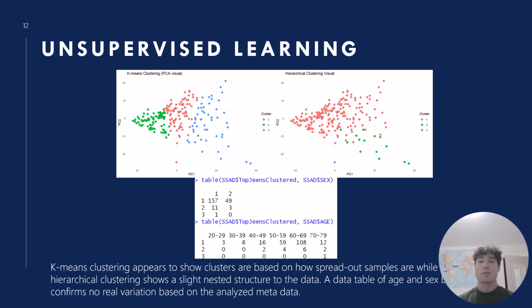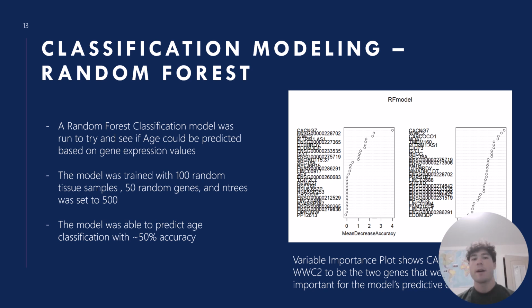In hierarchical clustering, you can see a little bit of a nested structure, but nothing super discernible with the naked eye. I also cross-checked the clusters with metadata, and I didn't see a clear variation based on either of these factors.